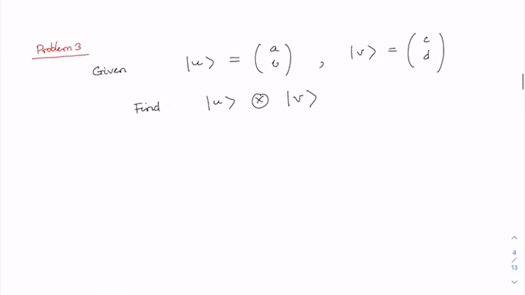Let us now work out this problem. You are given two kets, and we have to find out the tensor product of these kets. Let us do it.